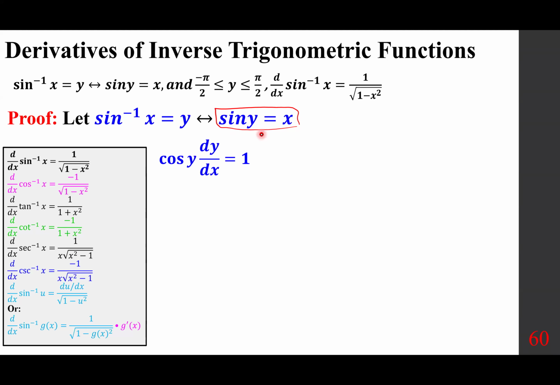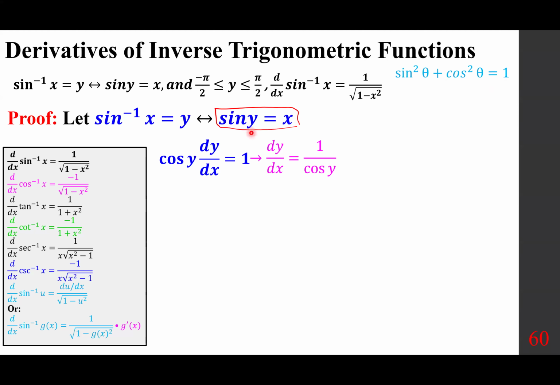So we are differentiating implicitly. Sine becomes cosine times the derivative dy/dx, or y prime, and the derivative of x is 1, which makes dy/dx equal to 1 over cosine y. So the question is, what is cosine y? Reminding everybody of the Pythagorean identity, sine squared plus cosine squared is 1.